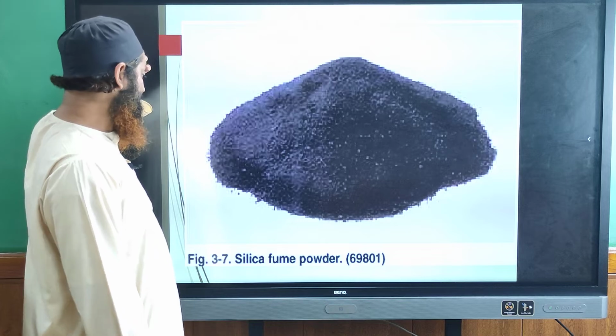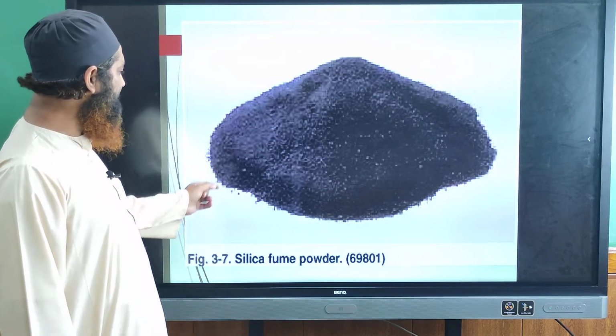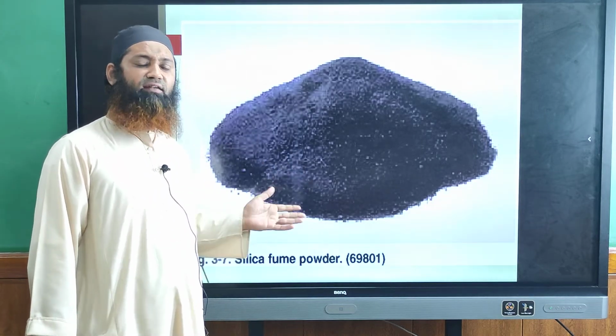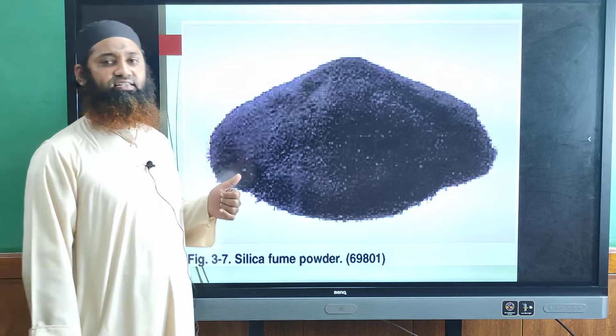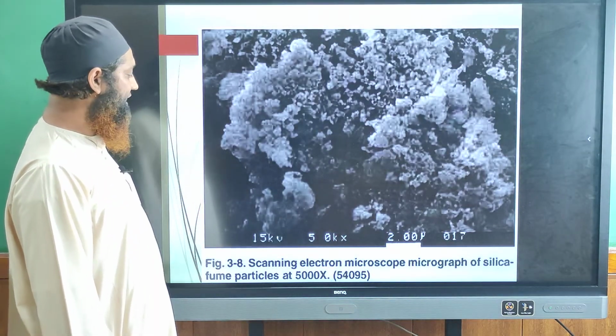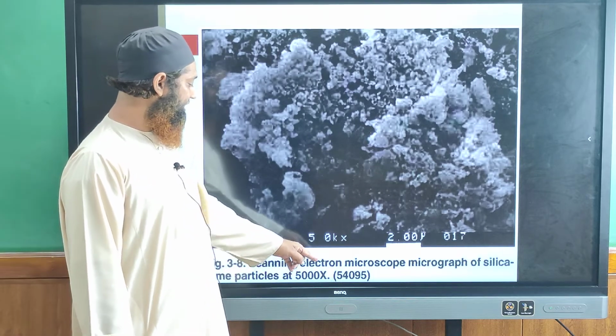This is the silica fume powder. It is black in color, and you can see the particle size is very, very fine. It is 0.1 microns, 100 times smaller than a Portland cement particle. Here it was taken with a scanning electron microscope at 5,000.